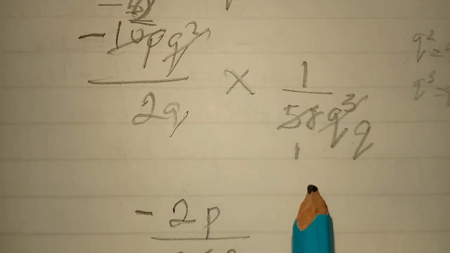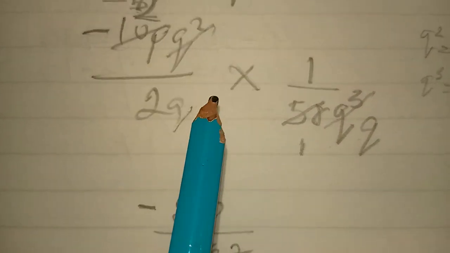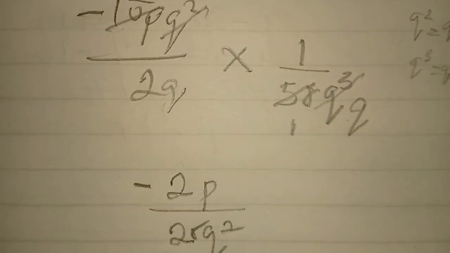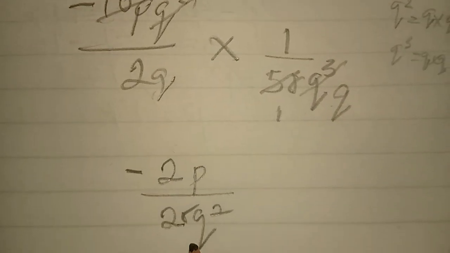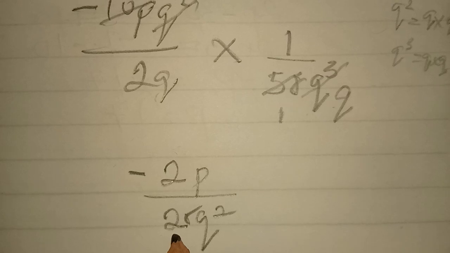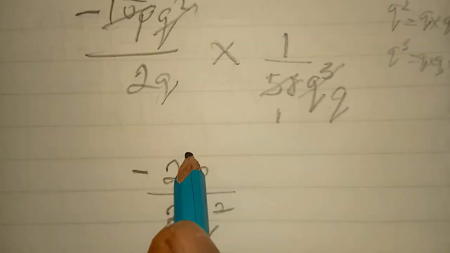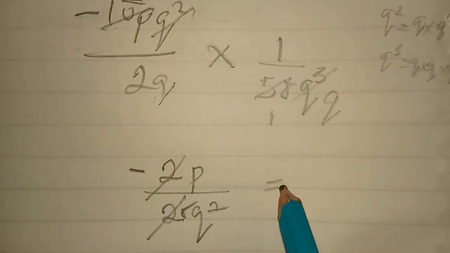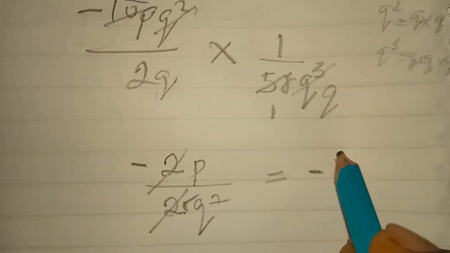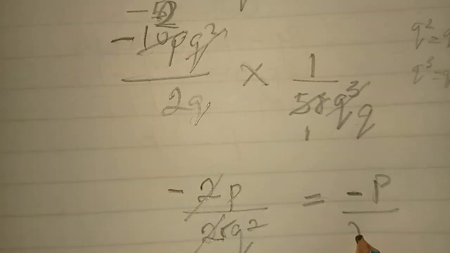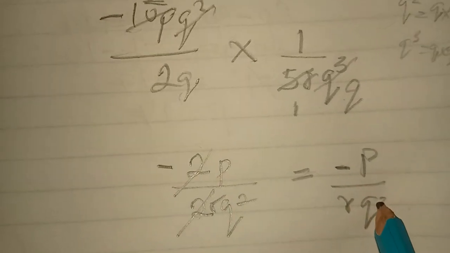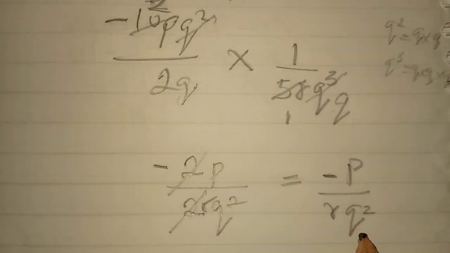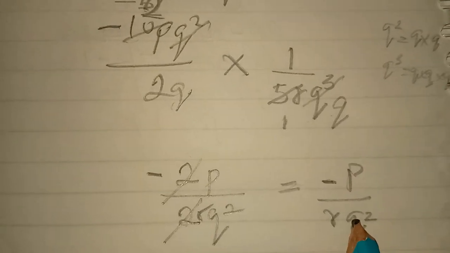How do we get it? q times q is q squared. But now we can go ahead and slash this, 2 here, 1, 2 here, 1. Now, the final answer will be minus p over rq squared. That's going to be our final answer.